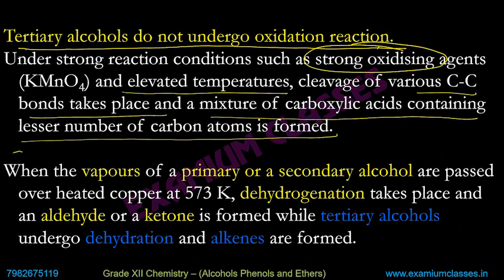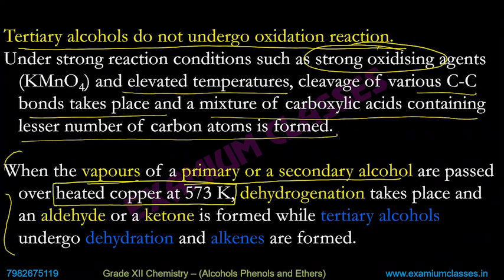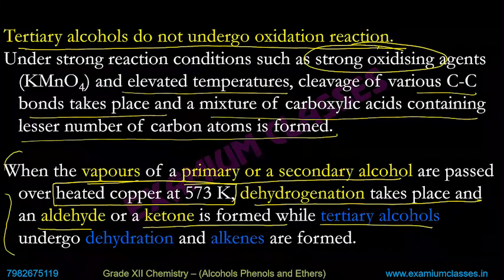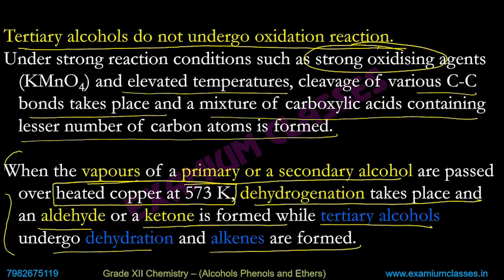Now this one is very important. When the vapors of primary or a secondary alcohol are passed over heated copper at 573 Kelvin. This temperature is very important and will be used many times. 573 K. Dehydrogenation takes place and an aldehyde or a ketone is formed while tertiary alcohols undergo dehydration and alkenes are formed.